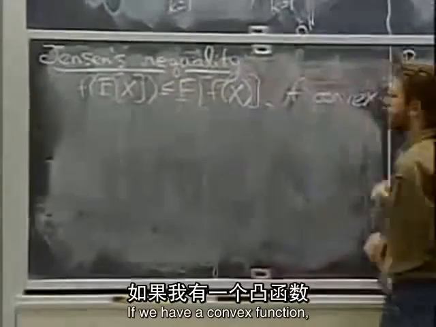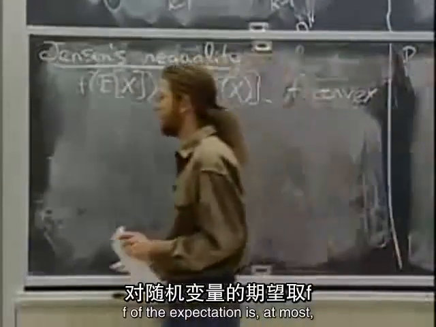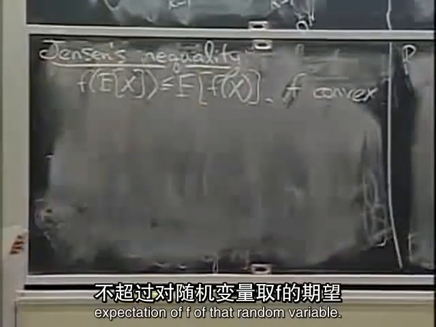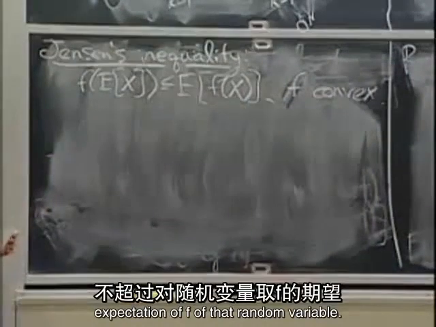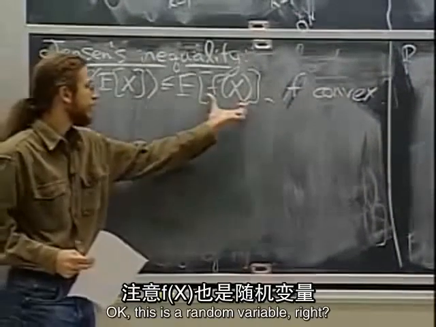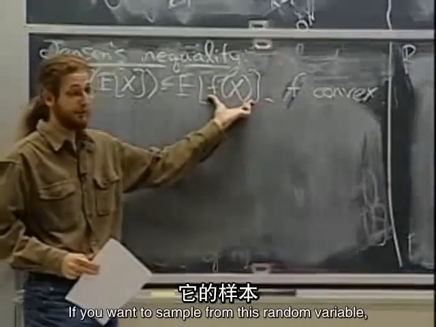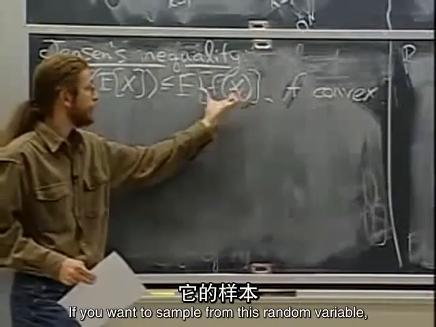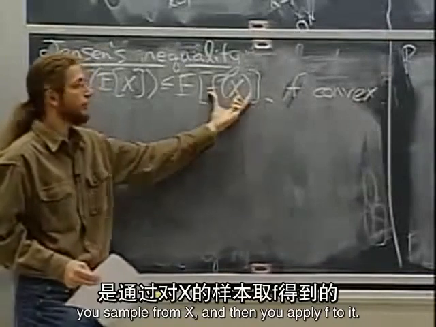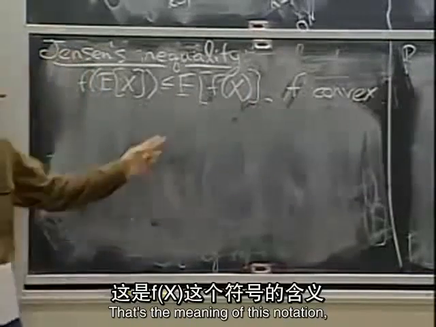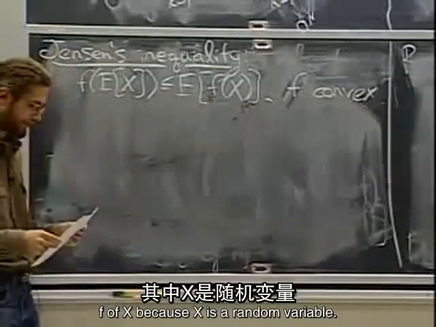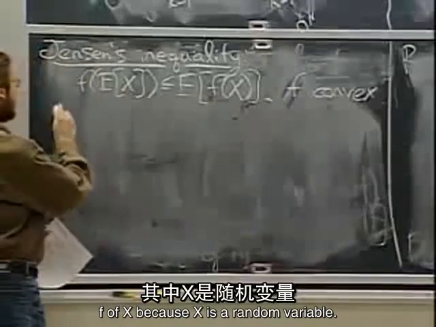If we have a convex function, f of the expectation is at most the expectation of f of that random variable. Okay, this means this is a random variable, right? If you want to sample from this random variable, you sample from x, then you apply f to it. That's the meaning of this notation f of x, because x is a random variable.